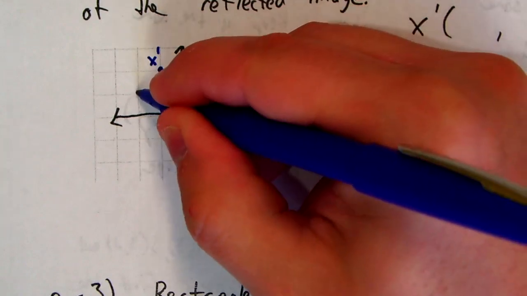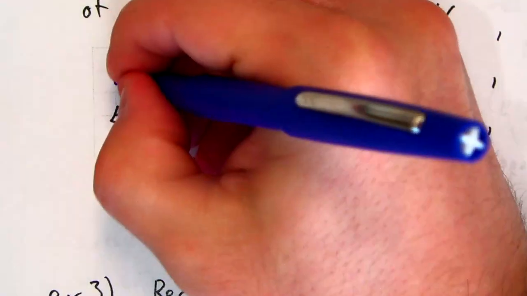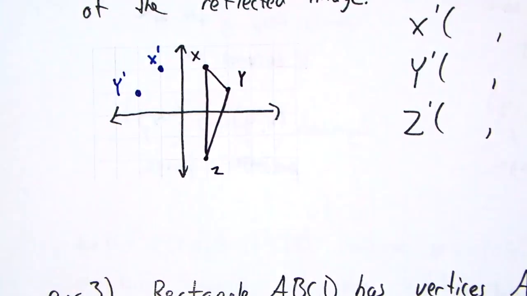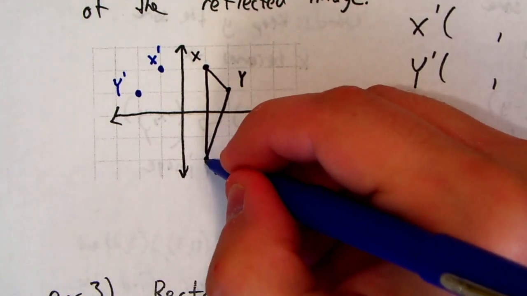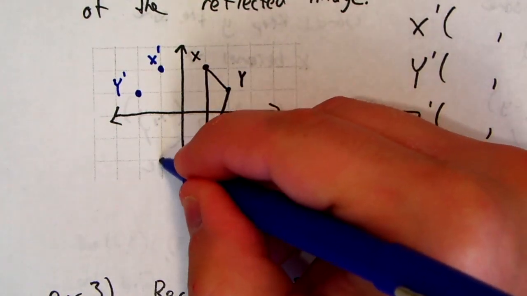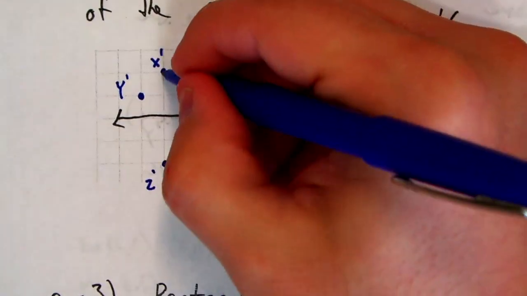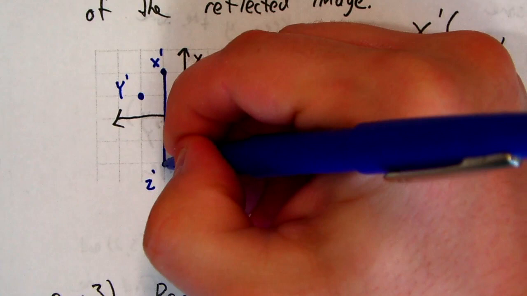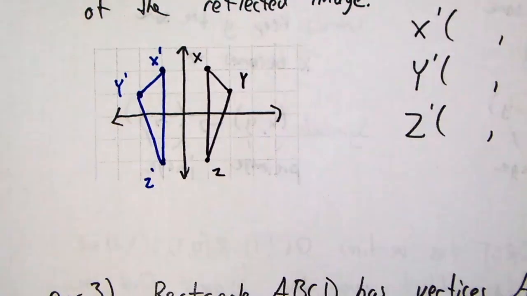So Y prime is going to be 2 to the left. So here's Y prime. And Z prime is 1 to the right, so we're going to have it be 1 to the left. And I'm going to connect those ordered pairs with a line, like so. And that's my new reflected triangle.